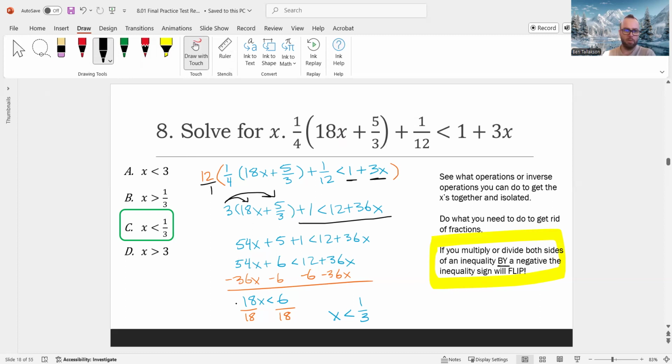By is the key word because if this was negative, you're dividing 6 by negative 18, right? Then you would flip that inequality. But if this 6 was negative, are you dividing by a negative? No, you're dividing by a positive 18. So that's the difference. Now, 6 goes into 18 3 times, so you get x is less than 1/3.